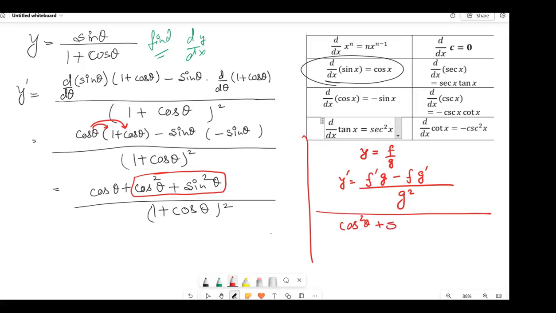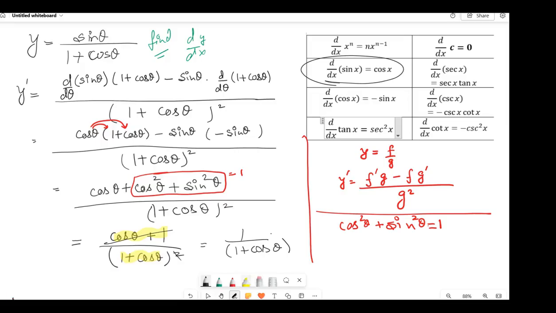Cosine square theta plus sine square theta is equal to 1. So that means this thing can be replaced as 1. Let's write that down. Cosine theta plus 1 divided by 1 plus cosine theta whole square. Now you notice this thing is exactly the same as this. So at least one power can cancel. What will I be left with? 1 by 1 plus cosine theta. That is your answer.